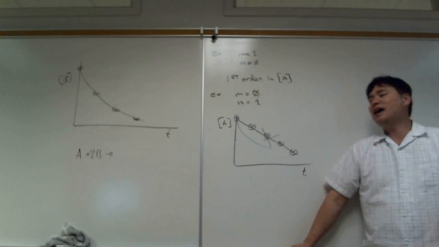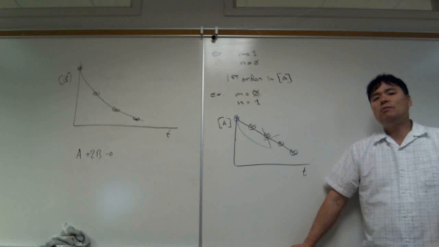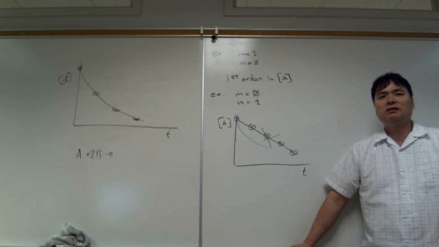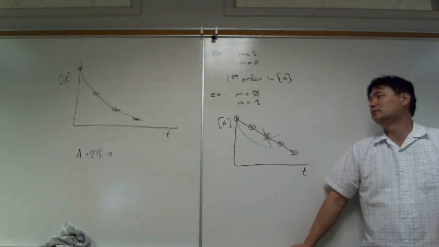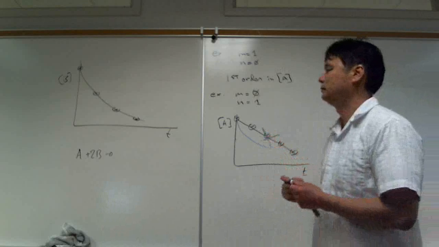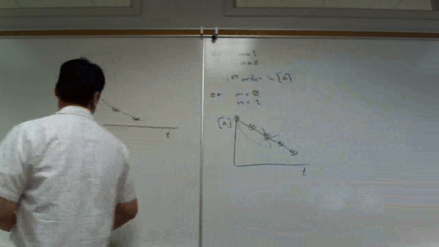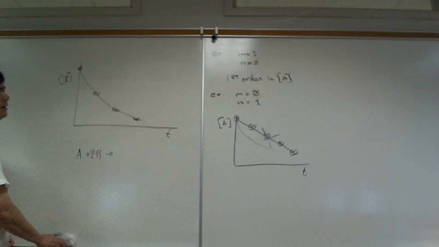And so what we have here is, if we have multiple reactants, then what we see is the composite effect. We don't see the individual effect. So how do you determine the individual?